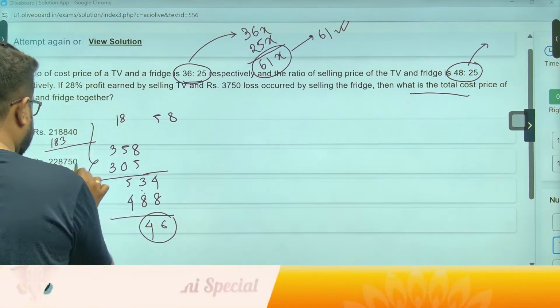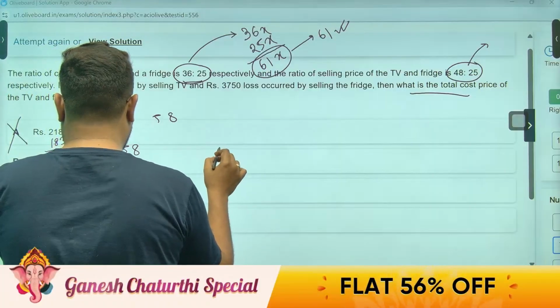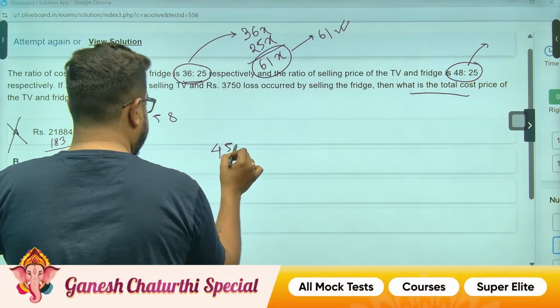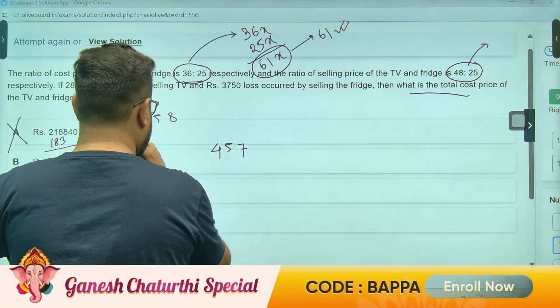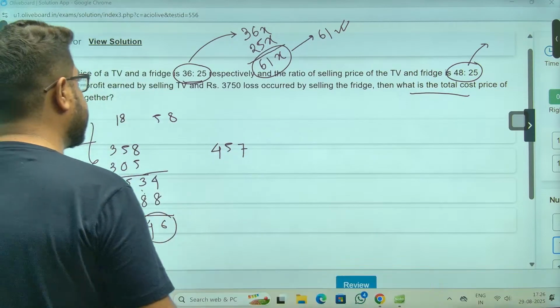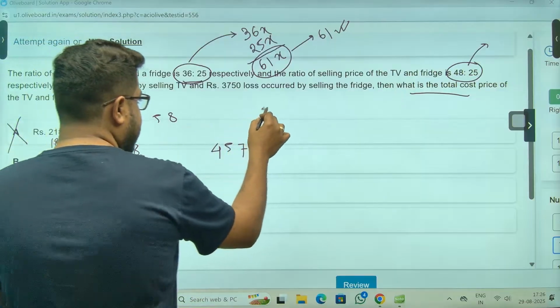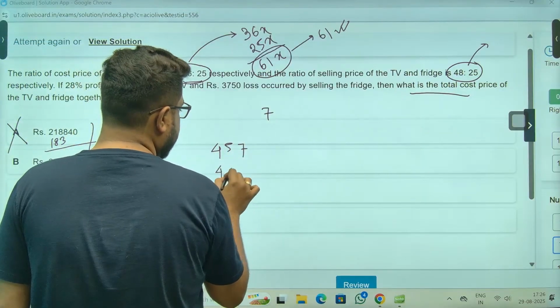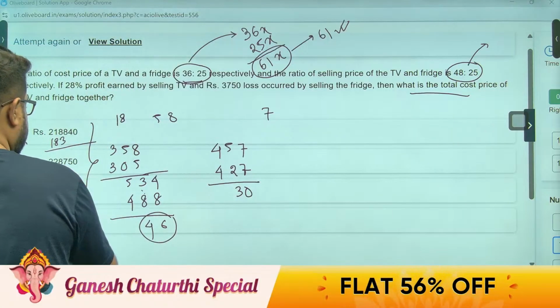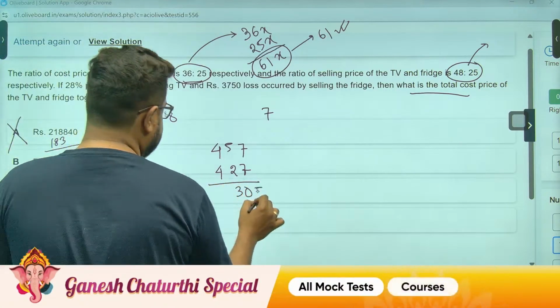Sir, check B. So 228, 183, meaning 45 remaining. 7. 427, 330 remaining. 427, yes, sir. This is the answer.